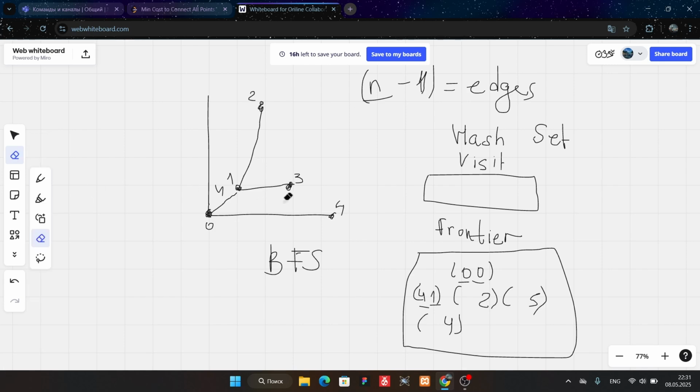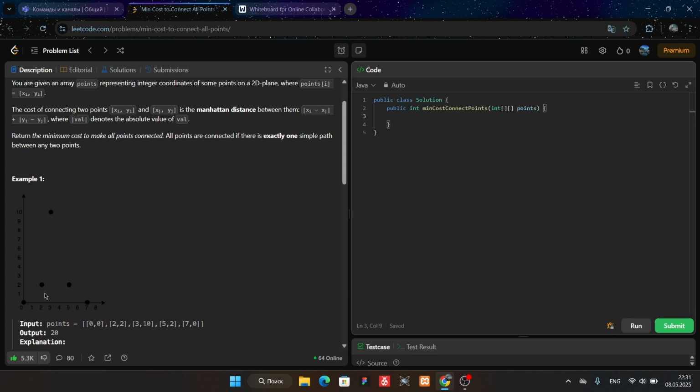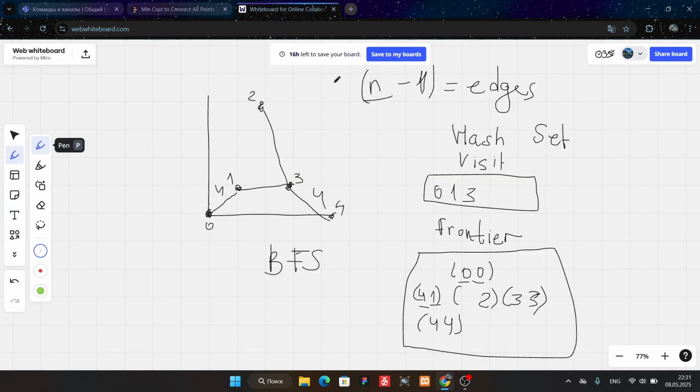When we find this one, we note that 3 and node 1 are visited. The cost of this is 3. From 3 we have to calculate which is the nearest node, and of course we can visually see it's 4, and the cost will be 4 by the graph.